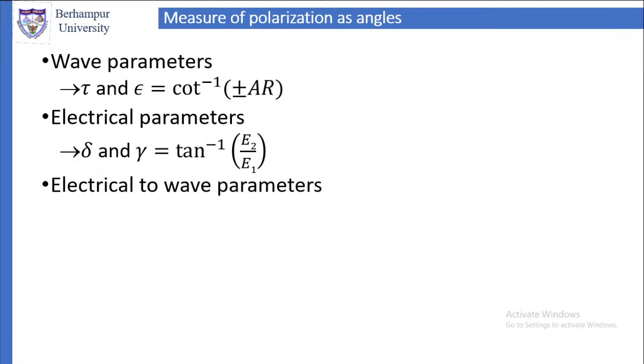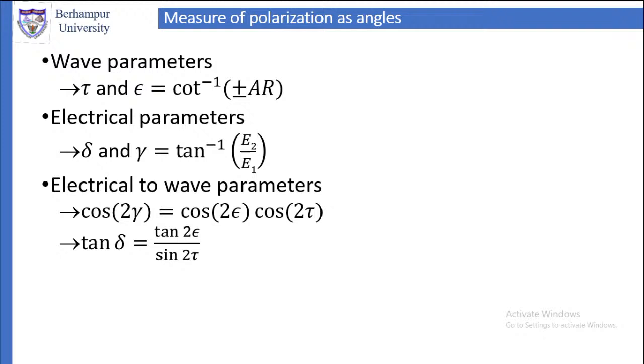Start with electrical parameters to wave parameters. The electrical parameters are delta and gamma. The wave parameters are tau and epsilon. So electrical to wave parameter conversion means we describe tau and epsilon in terms of delta and gamma. The expressions are: cos 2 gamma is equal to cos 2 epsilon into cos 2 tau, and tan delta is equal to tan 2 epsilon by sin 2 tau.